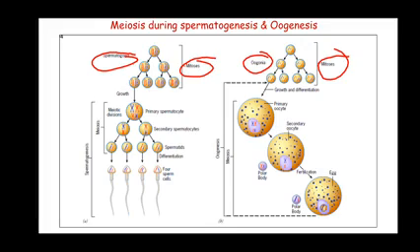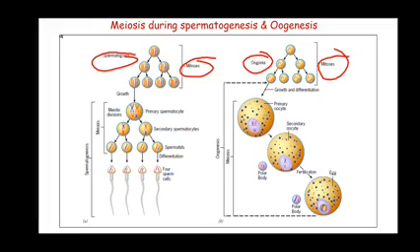That means they will complete meiosis 1 and start meiosis 2. And the second arrest occurs before ovulation, and that arrest is at metaphase 2. At metaphase 2, the arrest occurs.